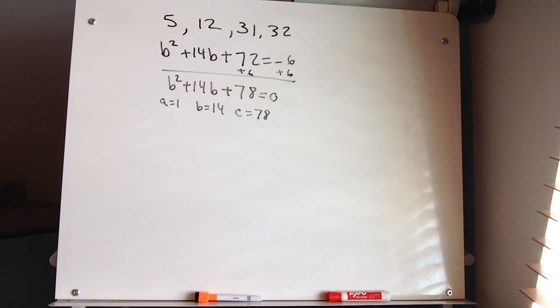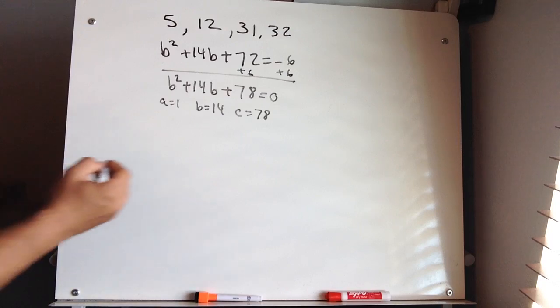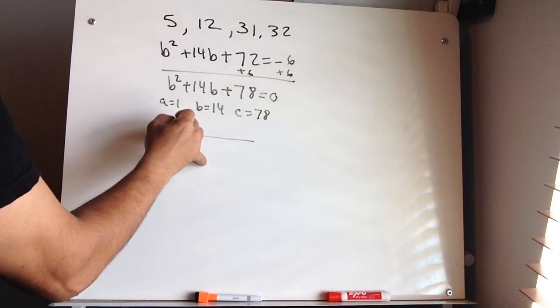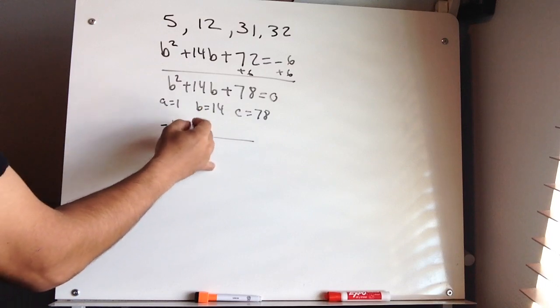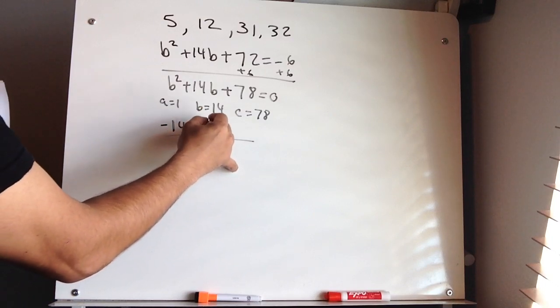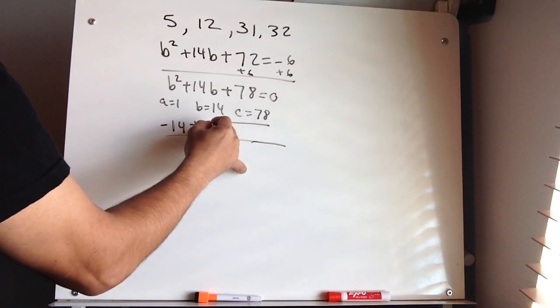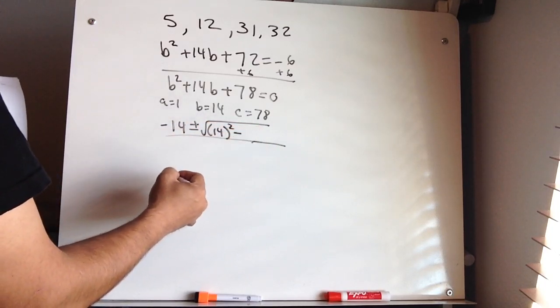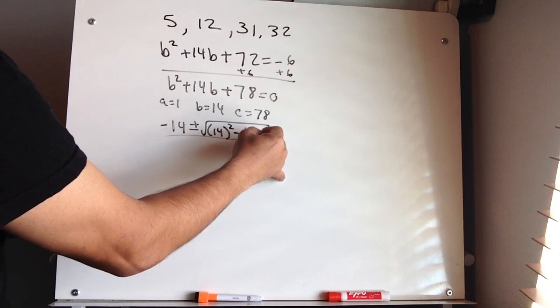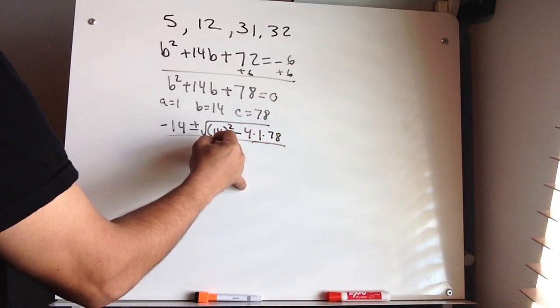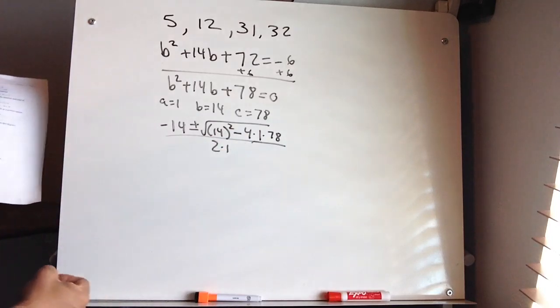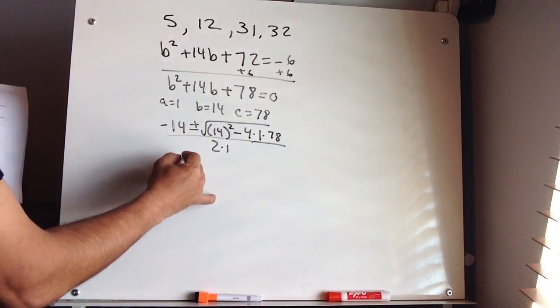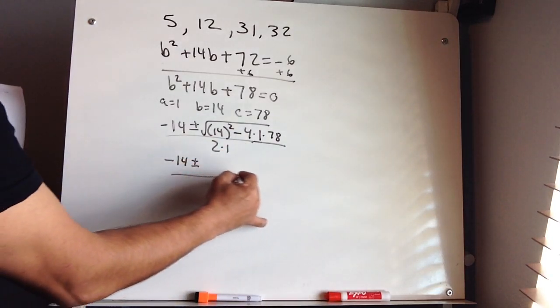Okay, so right here we do the quadratic formula. We have to make sure our numbers are correct. So we're going to get negative 14 plus or minus the square root of 14 squared minus 4 times 1 times 78, all over 2 times 1. Here we got negative 14 plus or minus that.